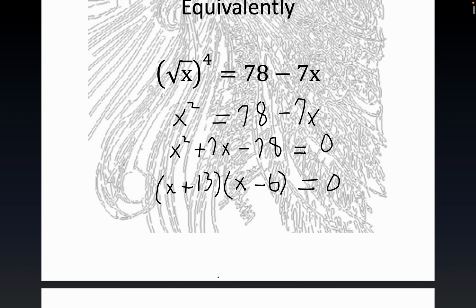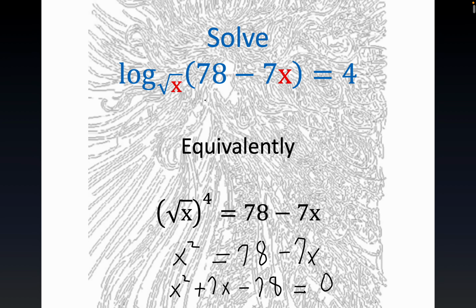And so what we see right here is we have 2 solutions, namely x equals negative 13 and x equals 6. Now, if you go back and look at the original problem statement, this is the square root of x.